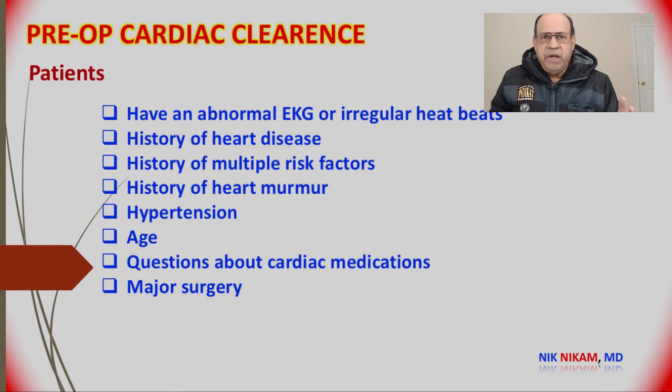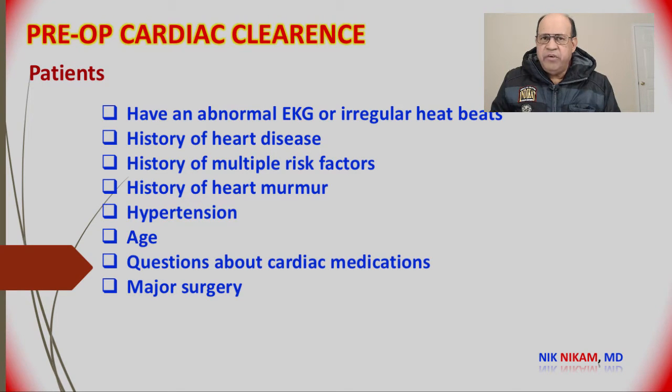Or a patient may have a heart murmur, so they need a cardiac clearance before a simple outpatient procedure. Patients may just come for control of hypertension if their blood pressure is significantly elevated prior to a planned surgery. Or maybe simply because the patient is 65 or older, so they need a cardiac clearance.